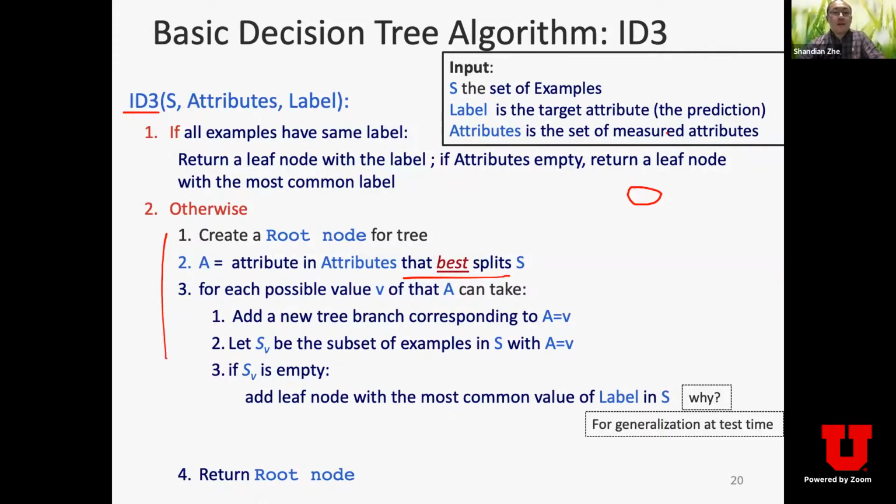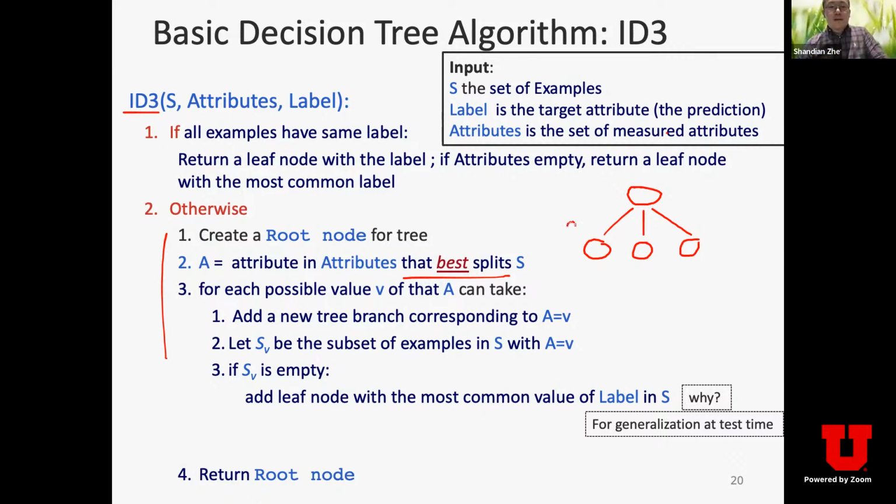We create a root node for this tree, which corresponds to the whole data set. Then we pick the best attribute A from the current attribute set and split this whole set into several subsets, which correspond to several branches, right? In the tree, that corresponds to several nodes.